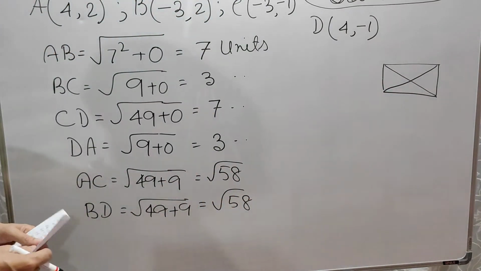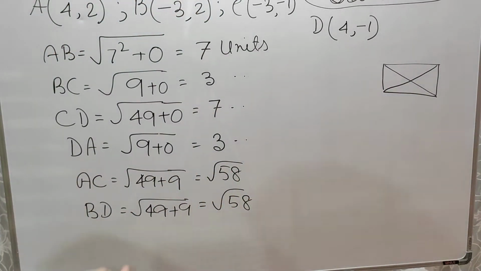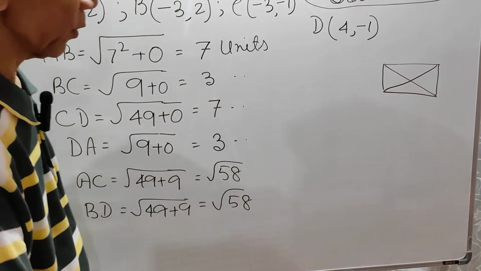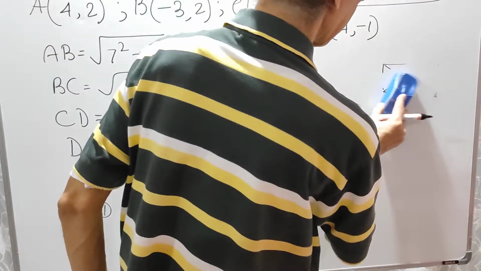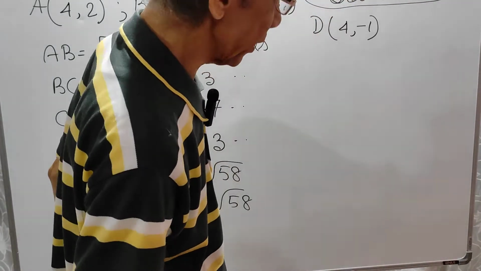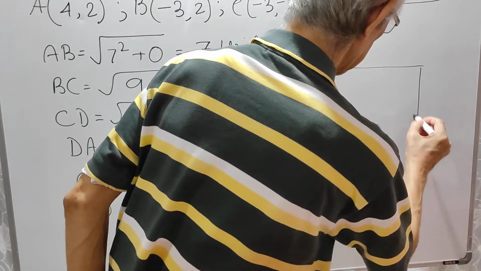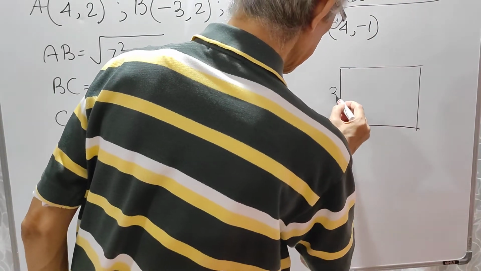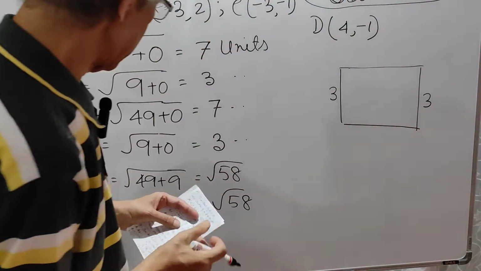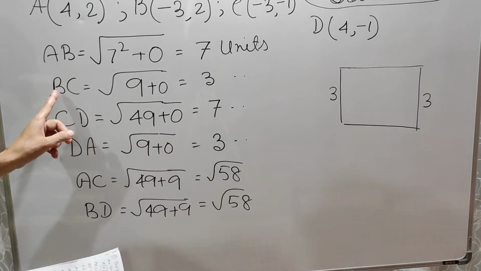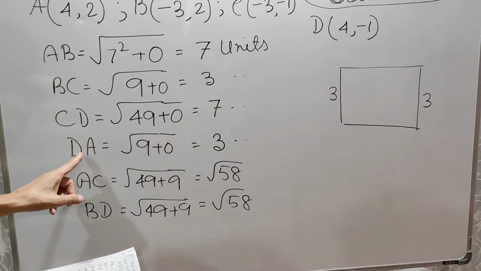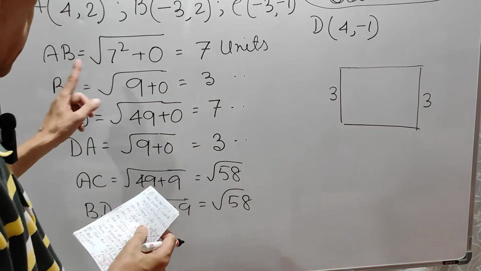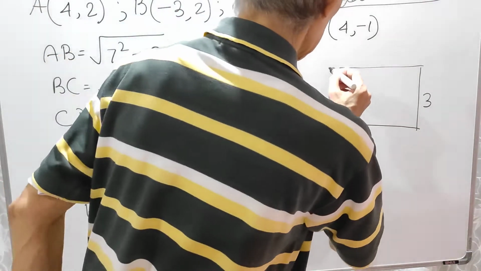Now you see the opposite sides, 3 and 3, are equal. Let me draw it a little bigger. These two sides, BC and DA, are 3 each.